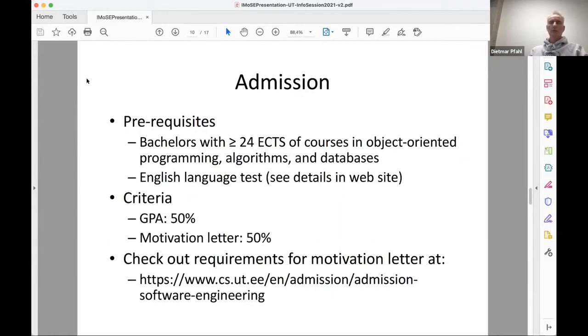That's all good. But in the end, it's only 50%. The other 50% that influences the ranking that we make among all the applicants is of course your bachelor grades. Okay, so there's a link which gives you more information about the details, what we want, so read it carefully.